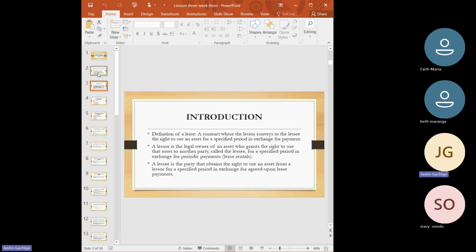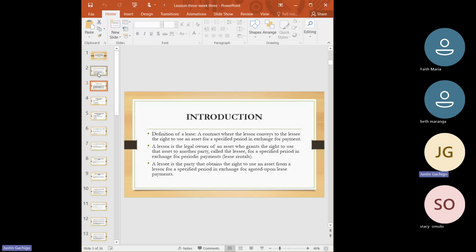So the lease we are discussing may not be very different from the lease that you have for the unit of the house that you occupy. You have paid the occupancy of that particular house for a period of 1 month. So that's the time that you own that house. In your case, you are the lessee, you are the tenant.